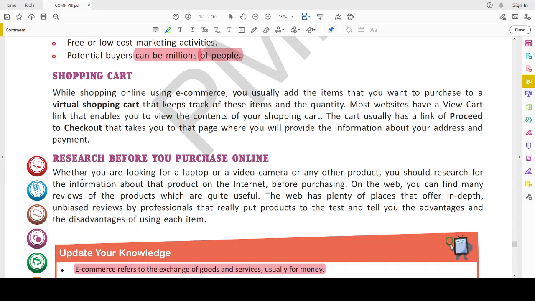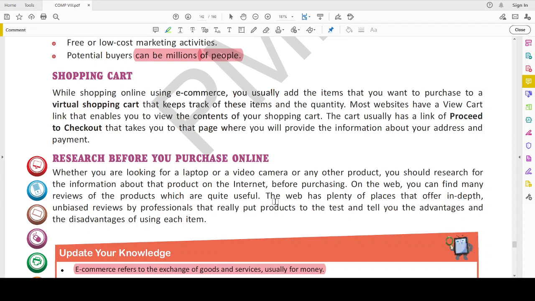Whether you are looking for a laptop or a video camera or any other product, you should research for the information about that product on the internet before purchasing. On the web, you can find many reviews of the product which are quite useful.